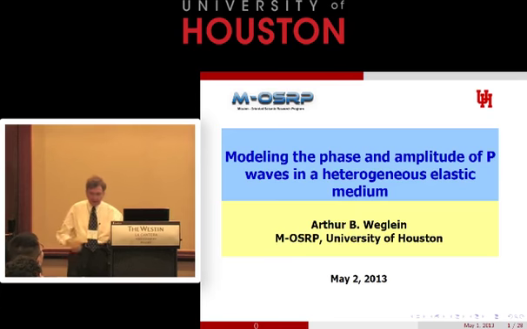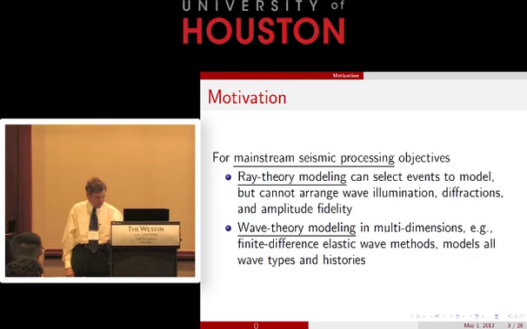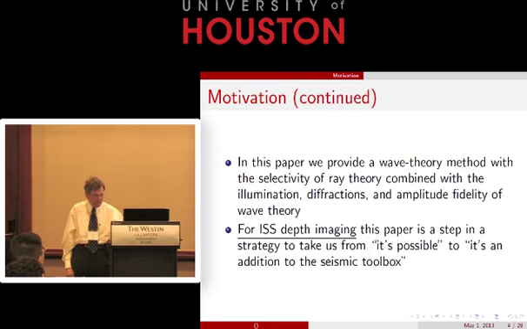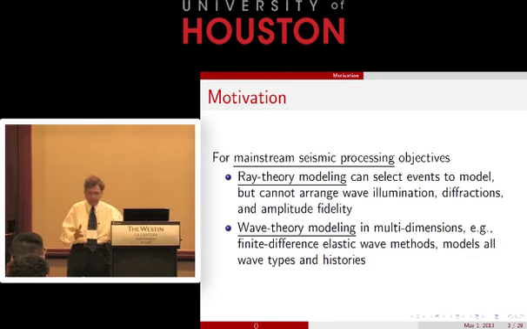So I'm just going to say in words what each slide is saying. There's a formalism written in 2D and 3D isotropic heterogeneous elastic. With ray theory you can select, with finite difference in general you can; we like to do wave theory select.